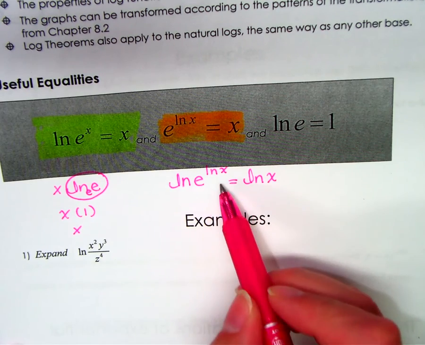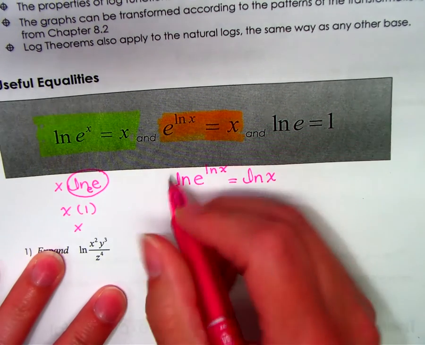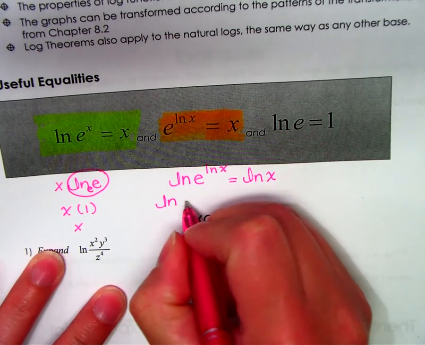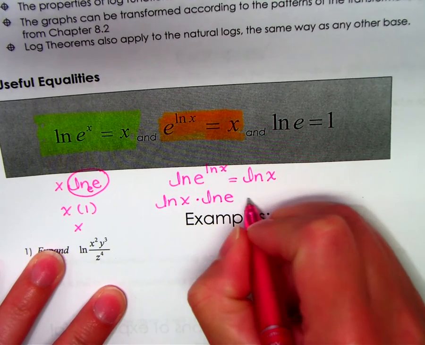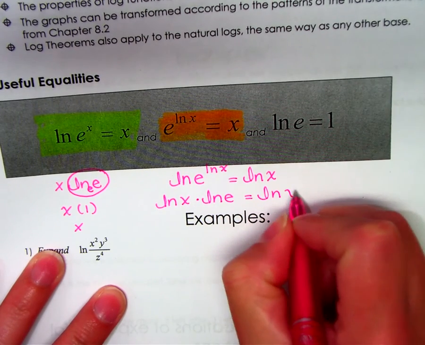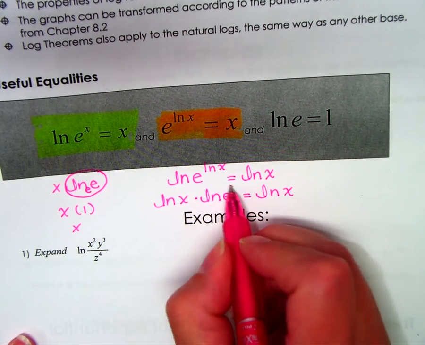So now we're going to apply the power rule on this side. This is going to be ln x times ln e equals ln x. You with me so far, folks? What does this equal?